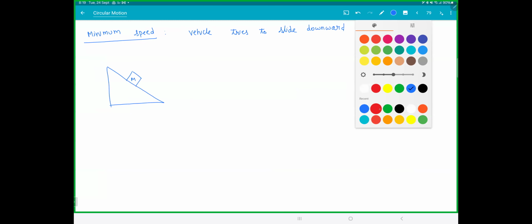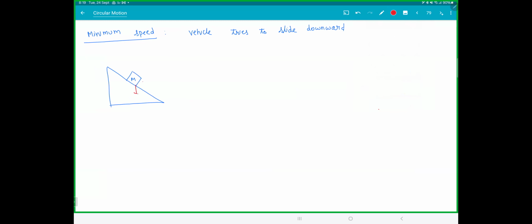Now when you write the forces, mg, normal reaction, friction will be upward. This would be the centrifugal force, mv square by r. Same steps. If you write the normal reaction, this would be mg cos theta. This will remain the same, mv square by r sine theta. But now the component of centrifugal force is mv square by r cos theta, and f max. These will balance mg sine theta.